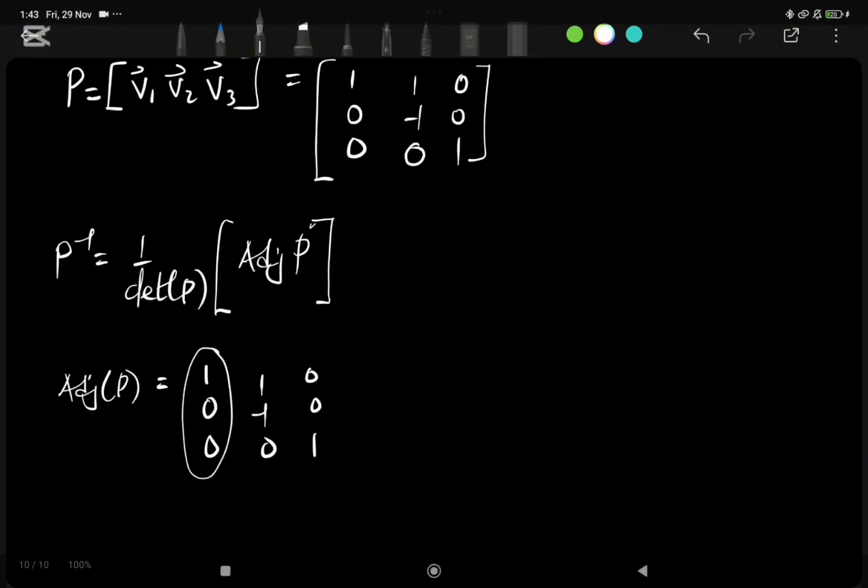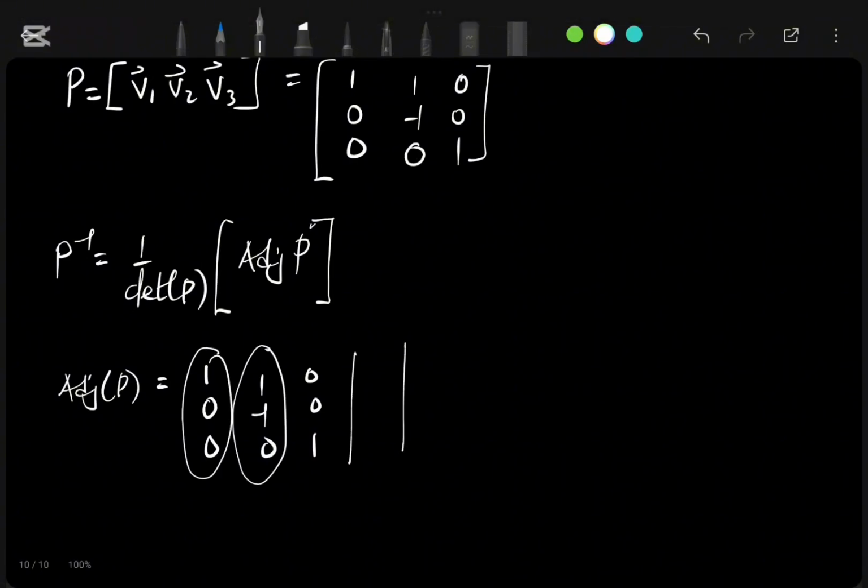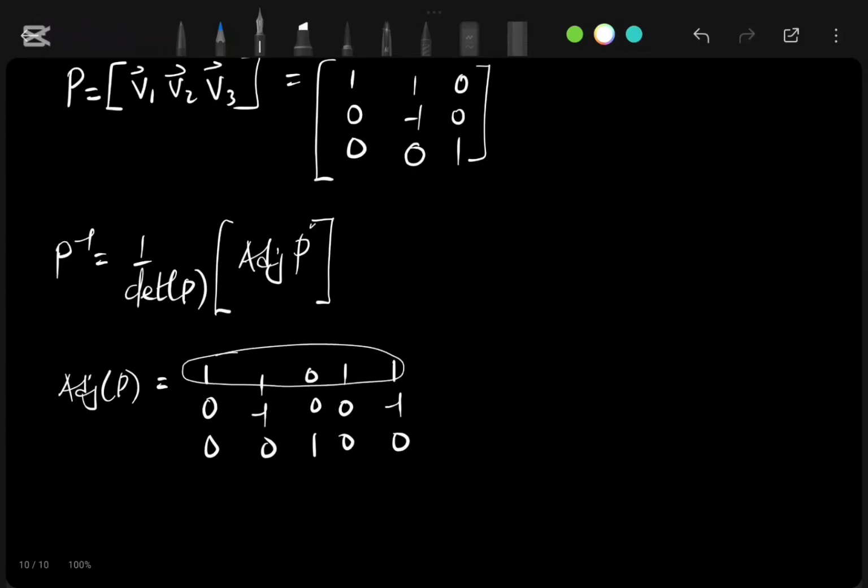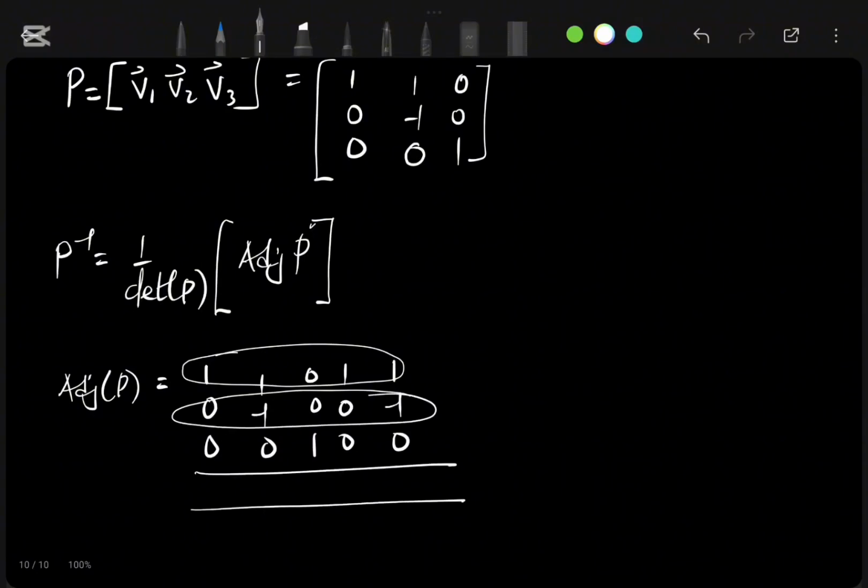You repeat this column and this column here and here respectively. So we have 1, 0, 0 for this column and 1, minus 1, 0 for this column. Now you select this row and this row and you write them down here and here.